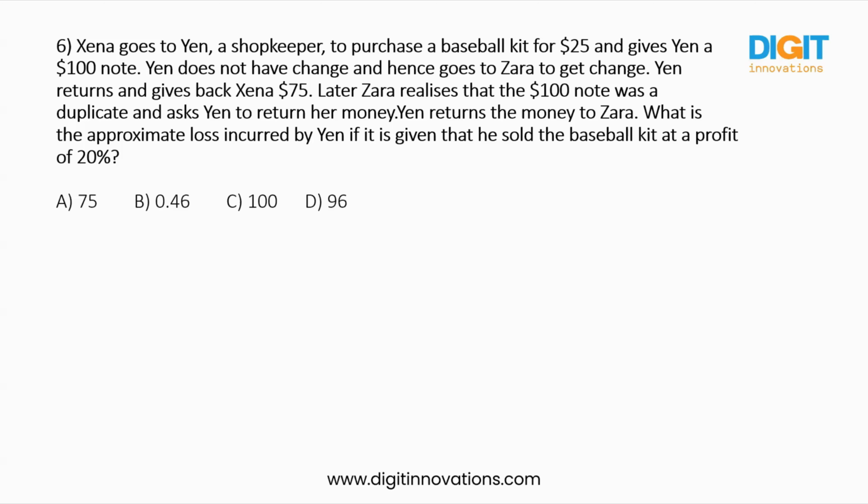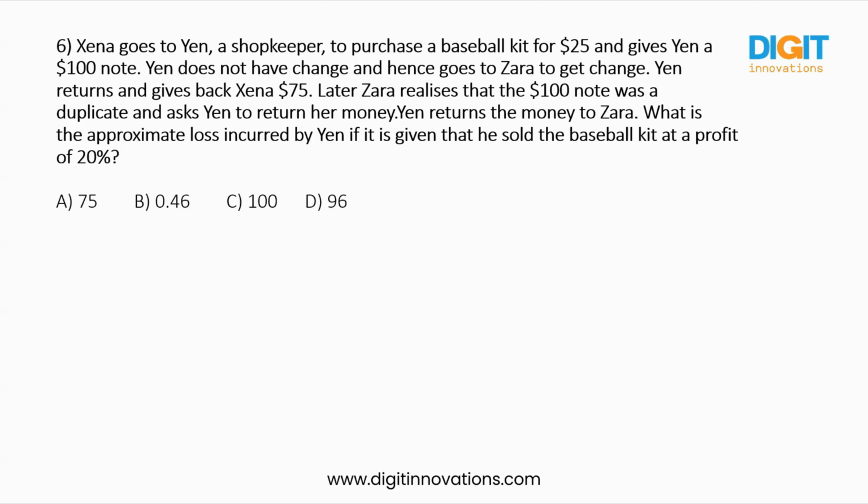So the thing is, there is a person, Zina. She goes to Ina, a shopkeeper, and purchases a basketball from her, which costs 25 rupees. Zina gives a note to Ina. Ina doesn't have change and goes to Zara for the change.